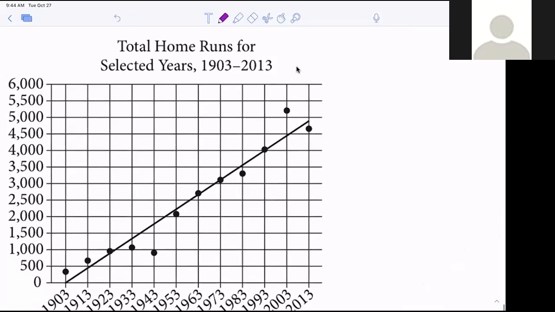So we're looking at 2003, which is right here, right? You agree? So in 2003, it looks like about what? 4,500, right? But then that one's about what? 5,250 is not bad.